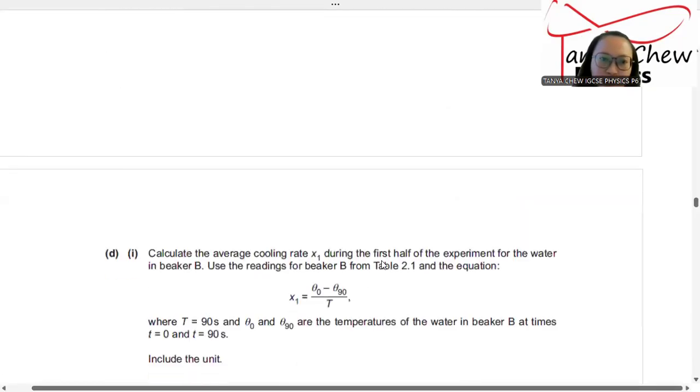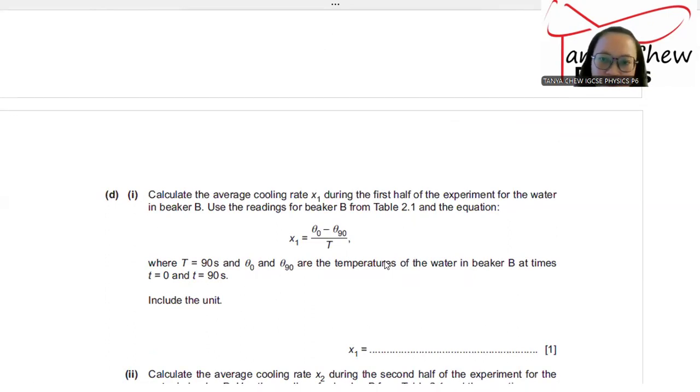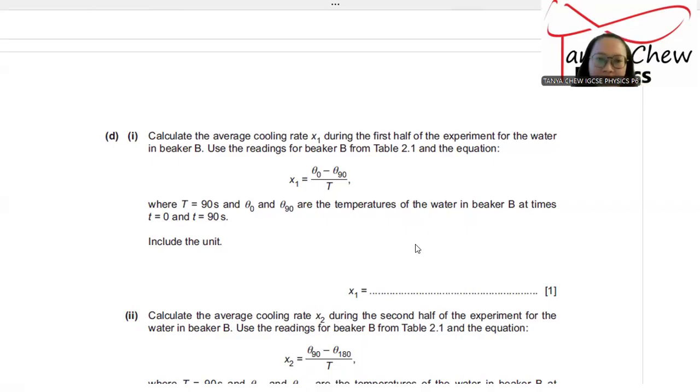And the next one, D, part 1. Calculate the average cooling rate, X1, during the first half of the experiment for the water in beaker B. Use the readings for beaker B from table 2.1 and the equation X1 is equal to theta 0 minus theta 90 over T, where T is 90 seconds, and theta 0 and theta 90 are temperatures of the water in beaker B at times T equal to 0 and T equal to 90 seconds. Include the unit. So you have to be careful.